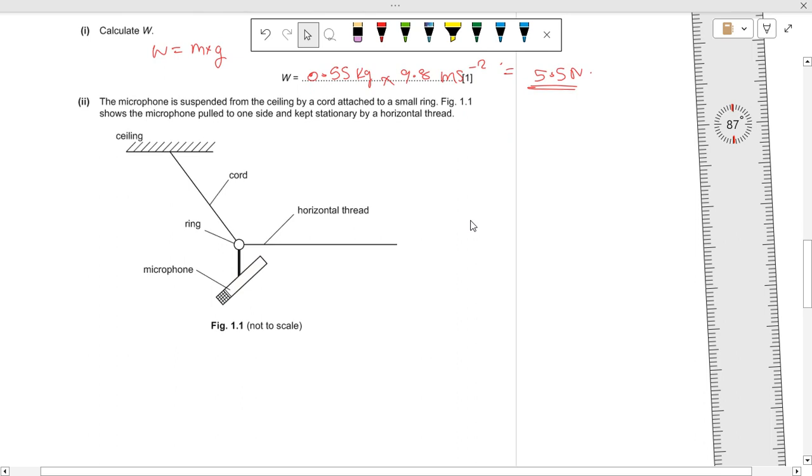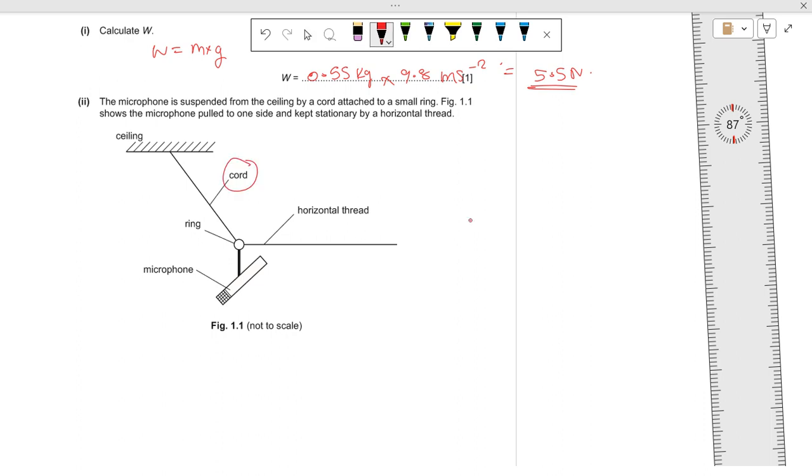Part 2. The microphone is suspended from the ceiling by a cord attached to a small ring. Figure 1.1 shows the microphone pulled to one side and kept stationary by a horizontal thread. So you can see the cord here.